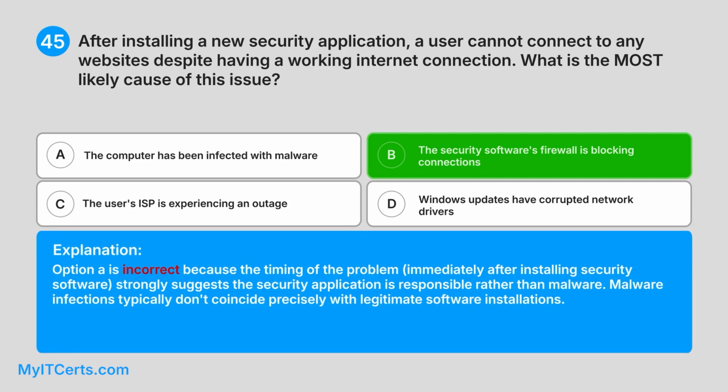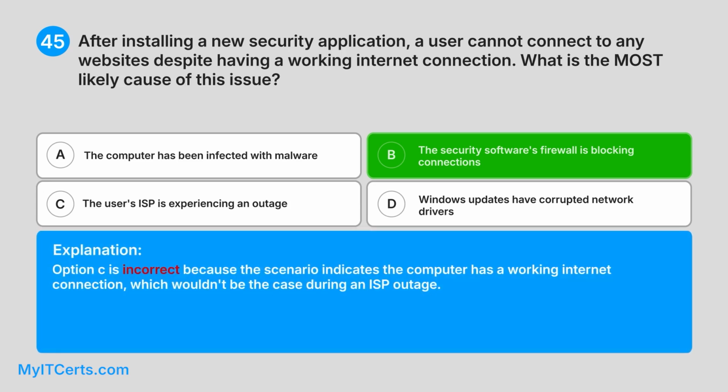Option A, the computer has been infected with malware, is incorrect because the timing of the problem, immediately after installing security software, strongly suggests the security application is responsible rather than malware. Malware infections typically don't coincide precisely with legitimate software installations.